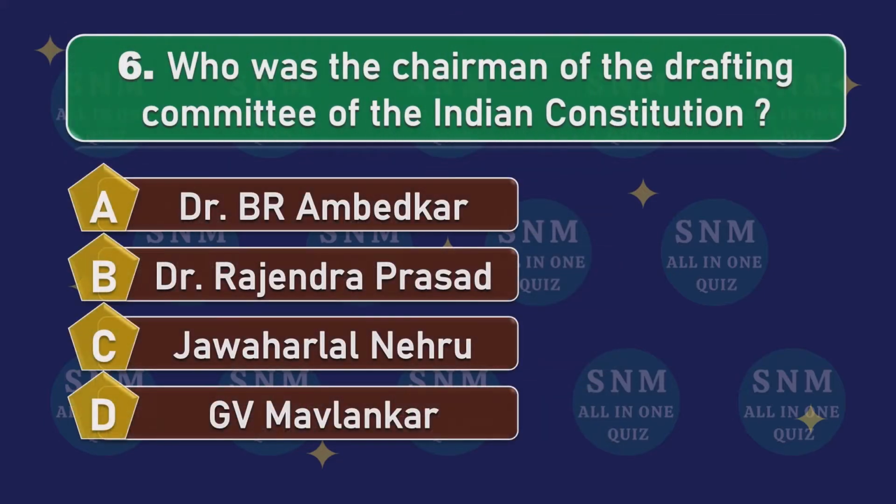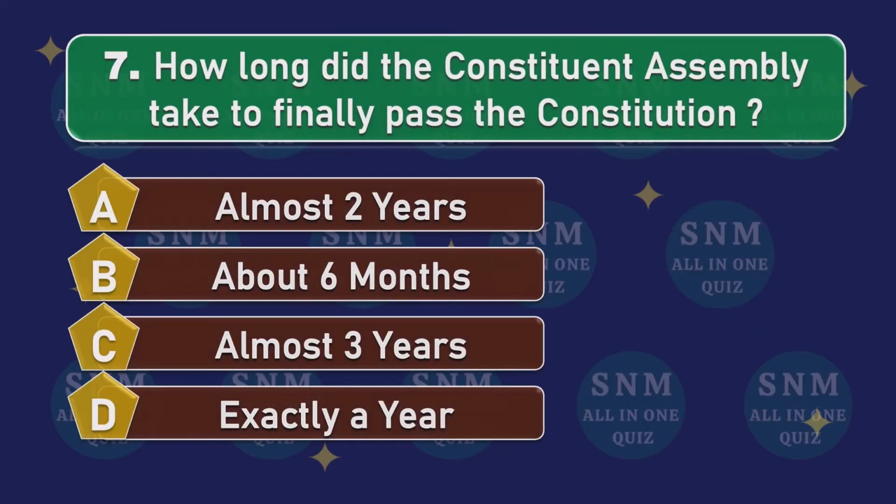Who was the chairman of the drafting committee of the Indian Constitution? Dr. B.R. Ambedkar. How long did the Constituent Assembly take to finally pass the Constitution?